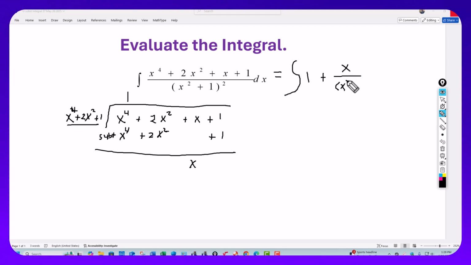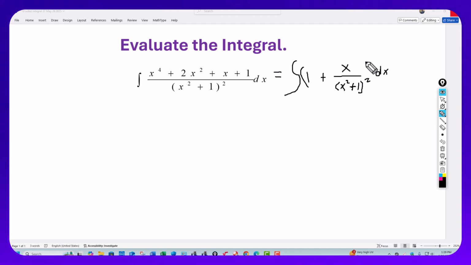So this will be x squared plus 1 to the second dx. So I got two integrals to evaluate here then. One integral of 1 with respect to x, and the integral of x over x squared plus 1 with respect to x. So this is going to equal to then integral of 1 with respect to x is going to be x. So this is going to be x here.